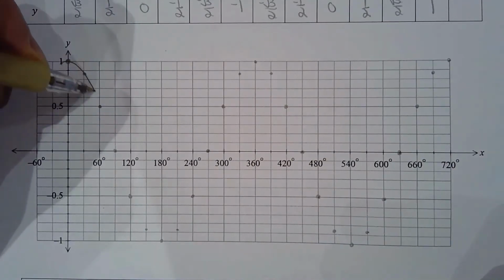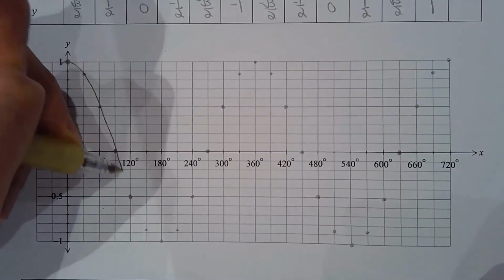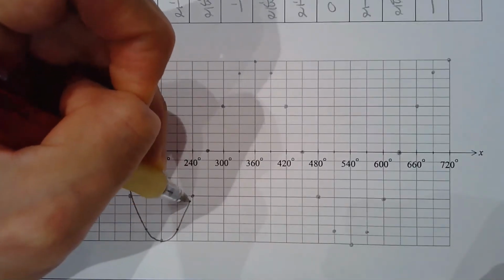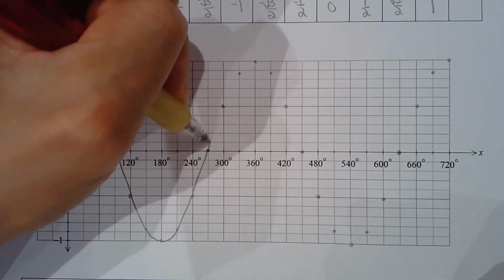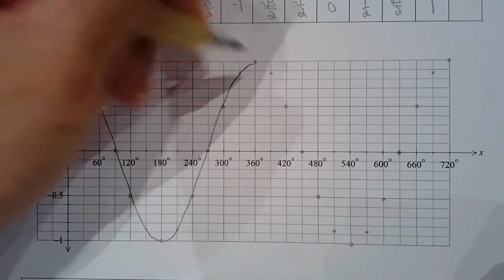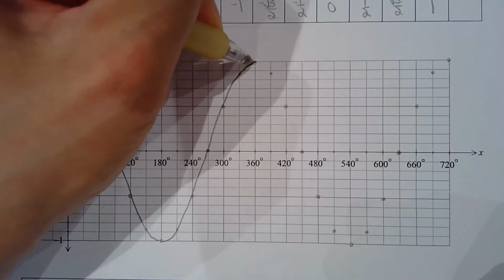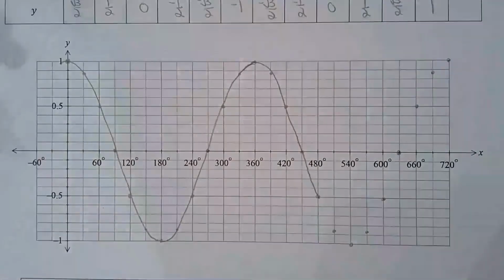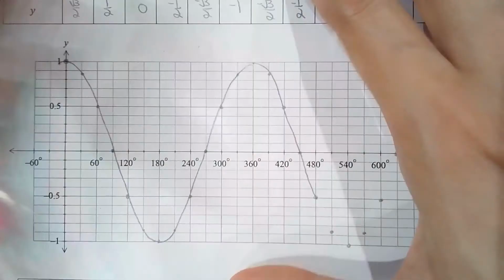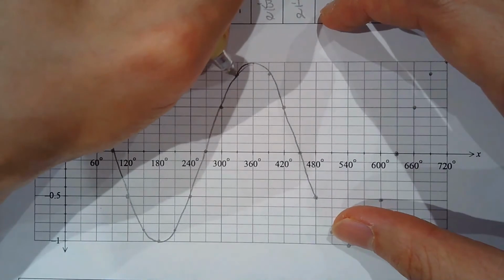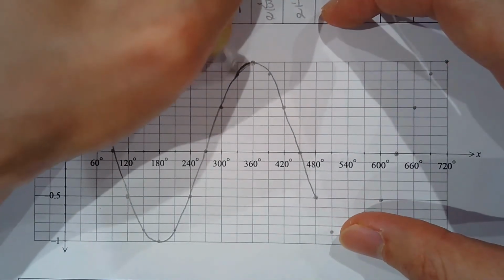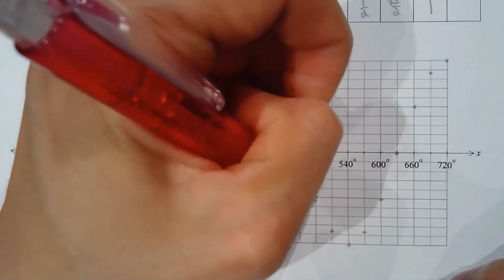Let me fix that. Yeah, that's good enough. All right, beautiful. Can you see the arrow there? There we go. All right, so I graphed the sine function and the cosine function.